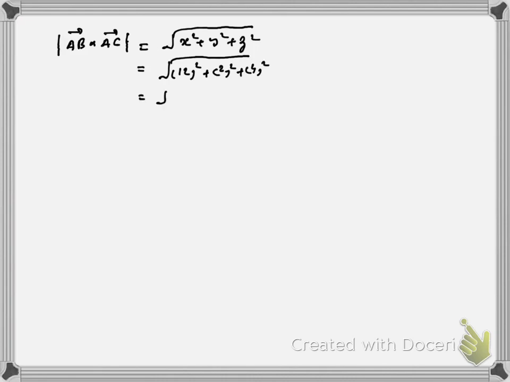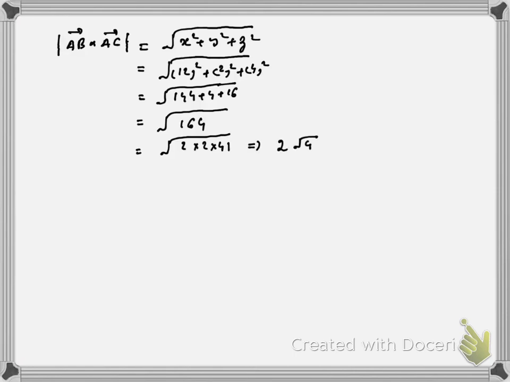It is equal to square root of 144 plus 4 plus 16, which is square root of 164, equal to square root of 2 into 2 into 41, equals 2 square root 41.